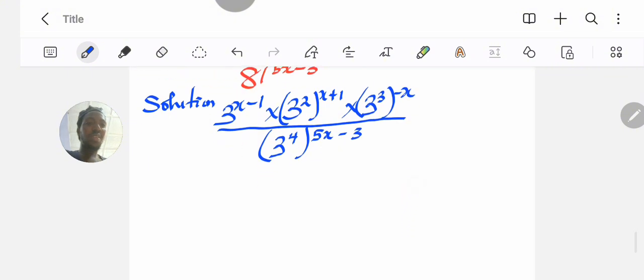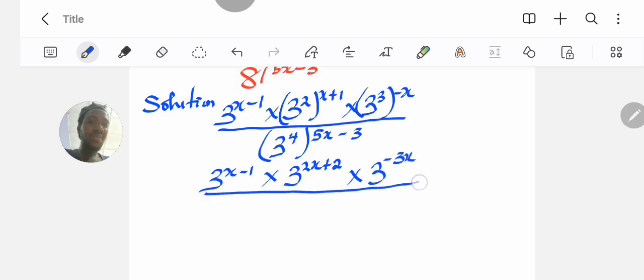And from here, we have 3 raised to the power of x minus 1 times 3 raised to the power of, if 2 multiplies x and 1, we have 2x plus 2, times 3 raised to the power of, if 3 multiplies minus x, we have minus 3x. All divided by 3 raised to the power of, if 4 should multiply 5x and minus 3, 4 times 5x is 20x, and 4 times 3 is 12.